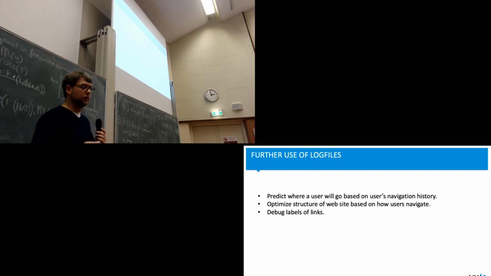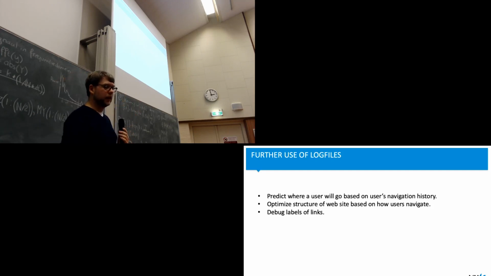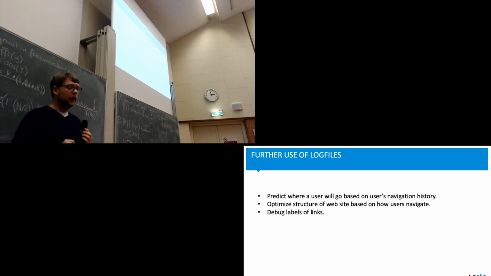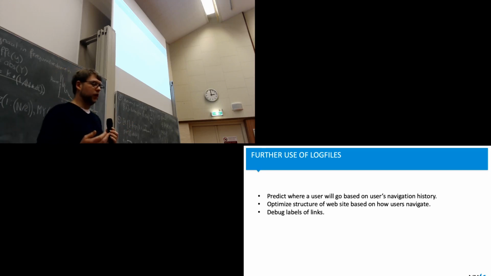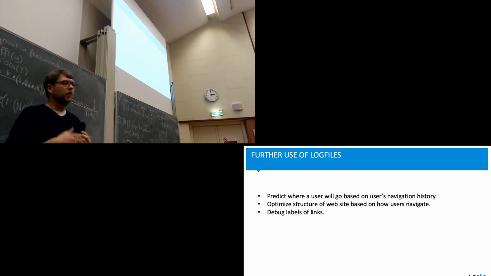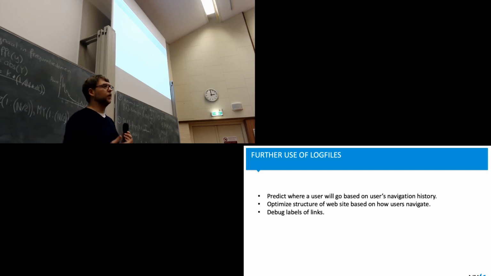This could be a longer history, how the user is navigating, and more information like screen resolution and screen size. This could then be used to see where your user is coming from, how their navigation pattern looked, and then you can debug your website.